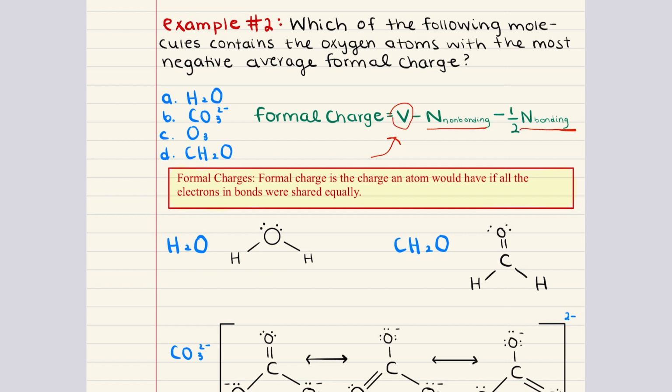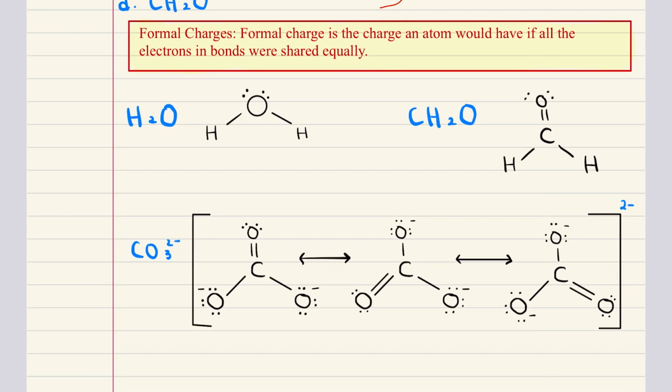So what we're going to do is go through each answer choice and work through them, and then figure out which molecule contains the oxygen atom with the most negative average formal charge. So let's start with option A. In water, we have drawn here, oxygen forms 2 single bonds with hydrogen, and it also has 2 lone pairs of electrons.